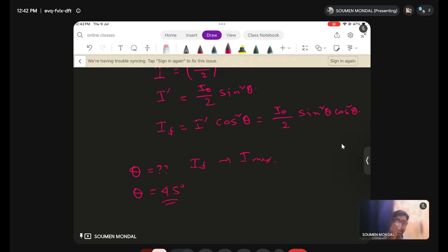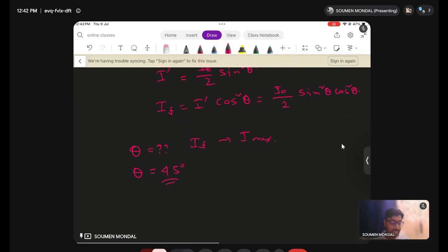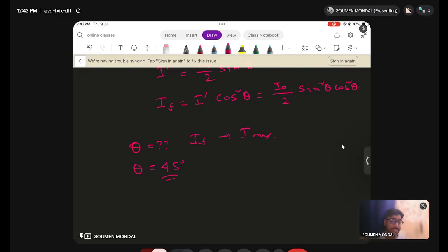The middle polarizer has to be 45 degrees with respect to either of the polarizers, then we can get maximum intensity. It is very easy to find anyway. Just take a derivative, set it to 0, solve for theta, and you will get this value. Now let me leave it.